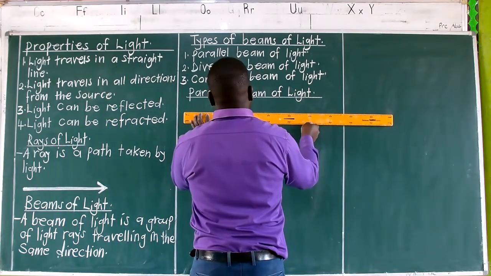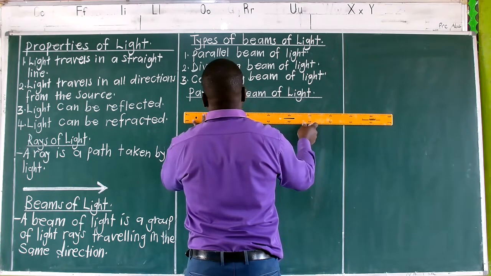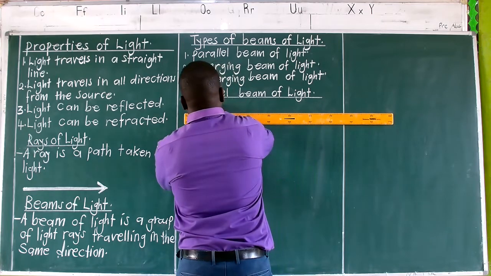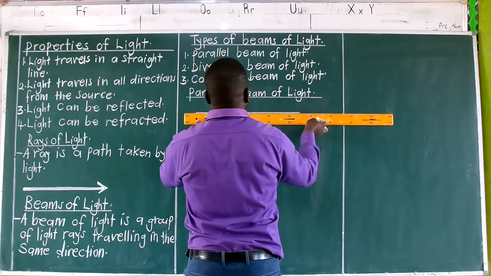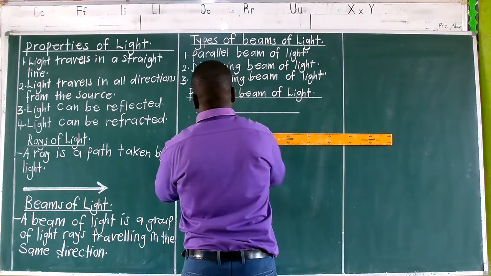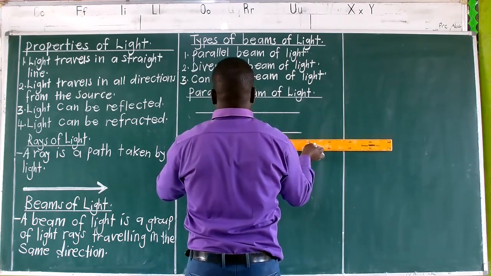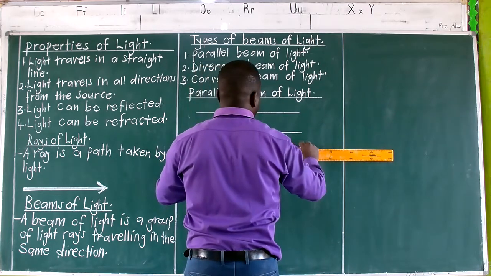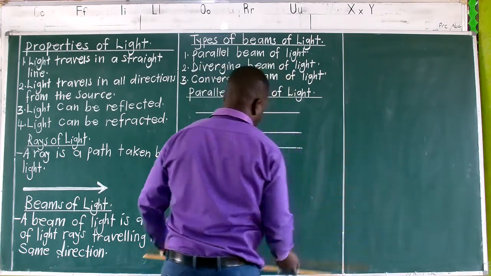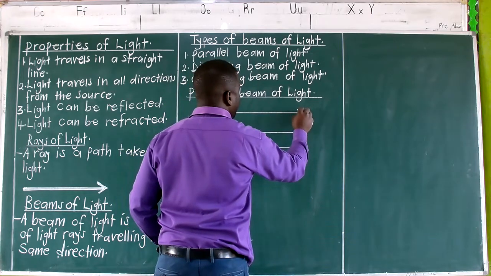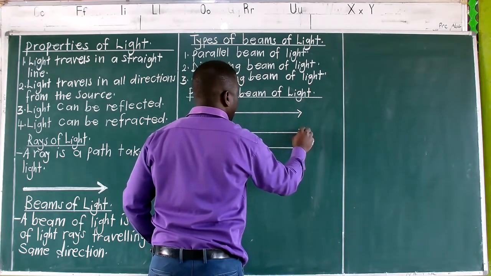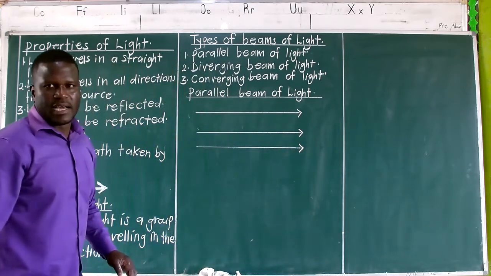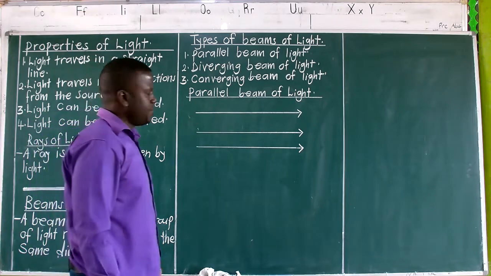These are beams of light that move in the same direction and they don't cross each other. So this is what we call parallel beam of light. So that diagram shows parallel beam of light.